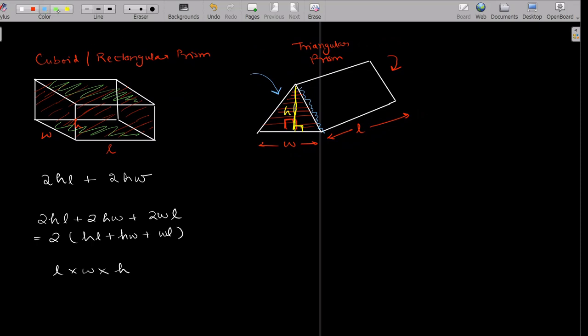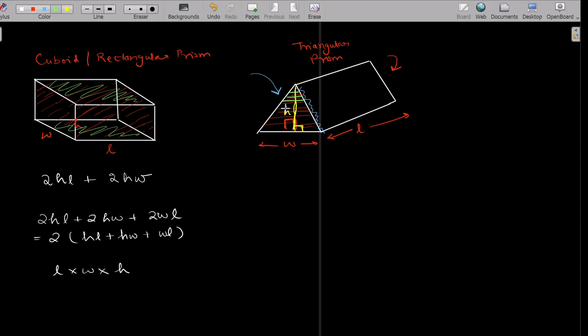So Anika, the volume of a triangular prism is given by, the height will be given to you. I multiply the length by the formula of area for a triangle? Yes, exactly.